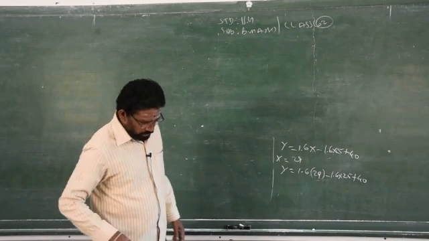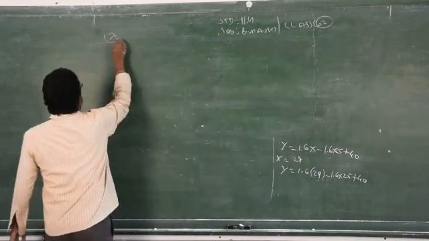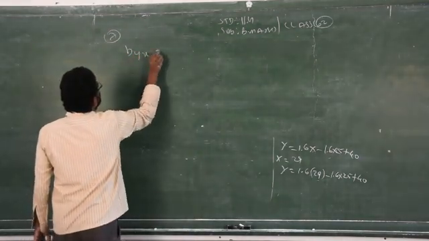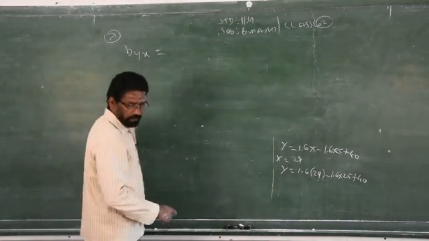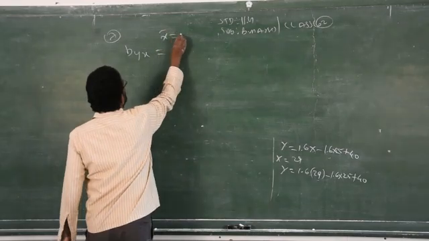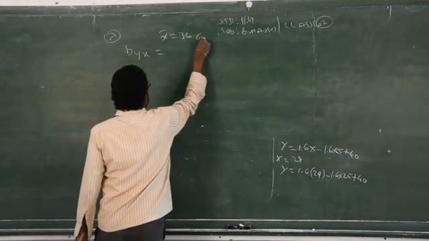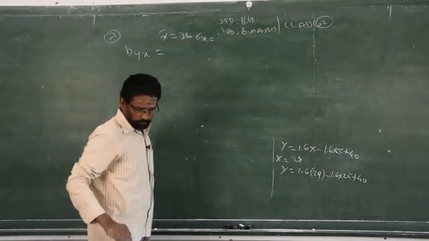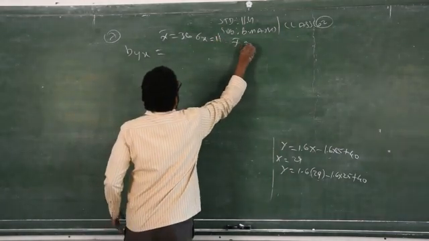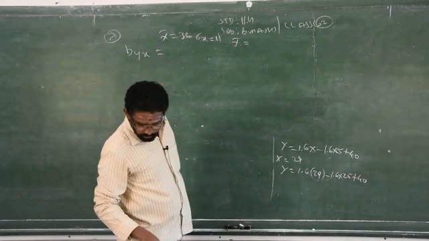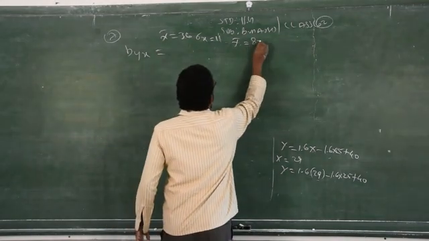You please check. What is the formula for Byx? x bar is given as 36. What is your standard deviation for x? 11. Similarly, y bar is given as 85.